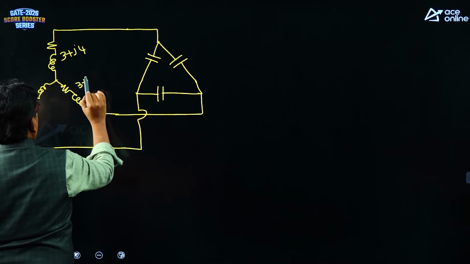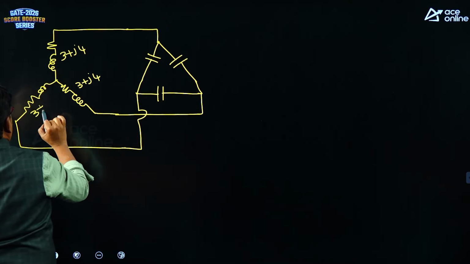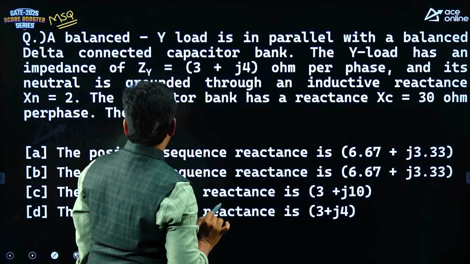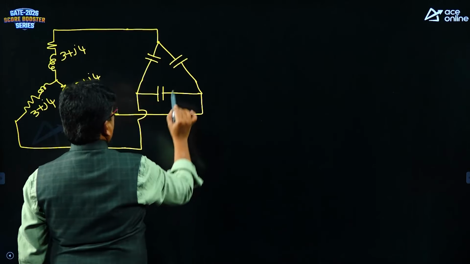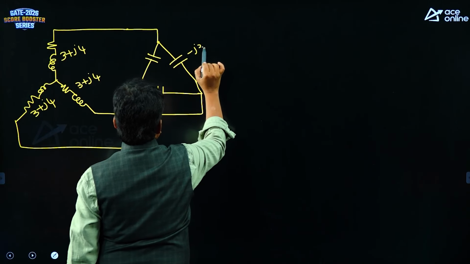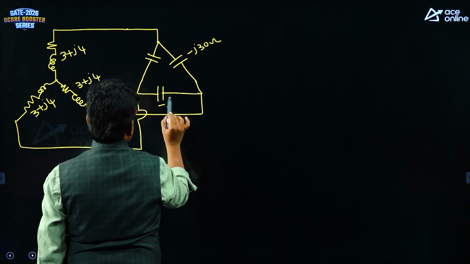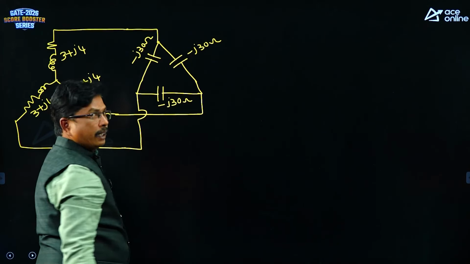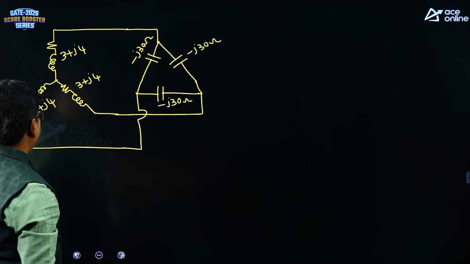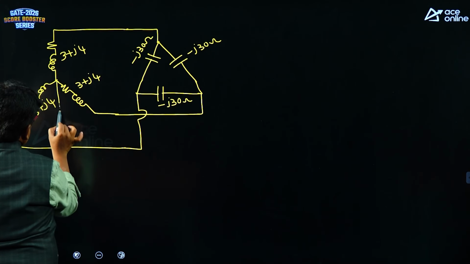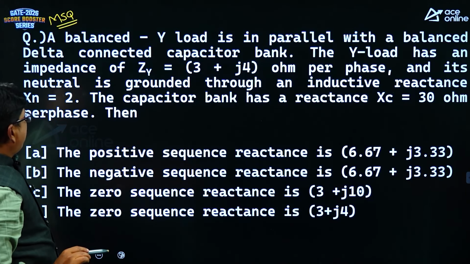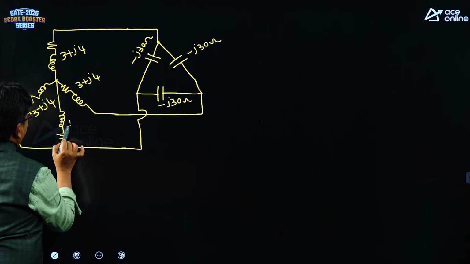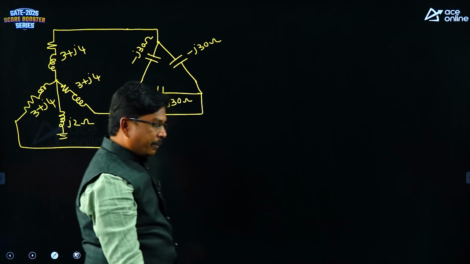Here also 3 plus J4 impedance. Here also 3 plus J4 impedance. What are the impedance values of the capacitor? 30 ohms, it is minus J30 ohms, minus J30 ohms and minus J30 ohms. And the neutral is grounded through a reactance of 2 ohms. This is J2 ohms. Like that we are having the connection.